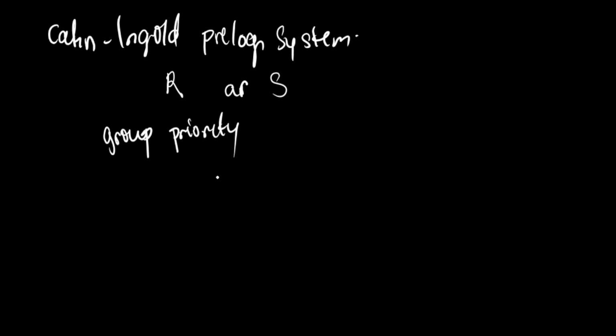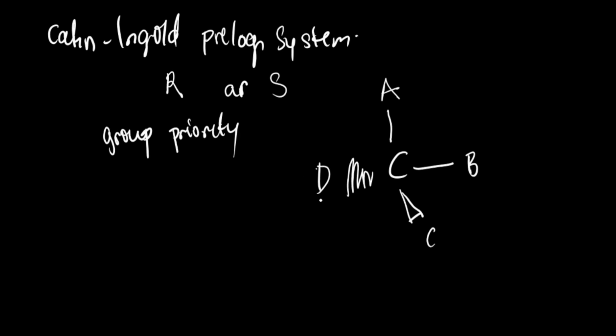Now let's visualize this. Take for instance, this is our asymmetric center, and we have a solid line, a dashed wedge, and a solid wedge. Attached here is A, here is B, here is C, and here is D. Let's take it such that the priority depends on which letter of the alphabet comes first.